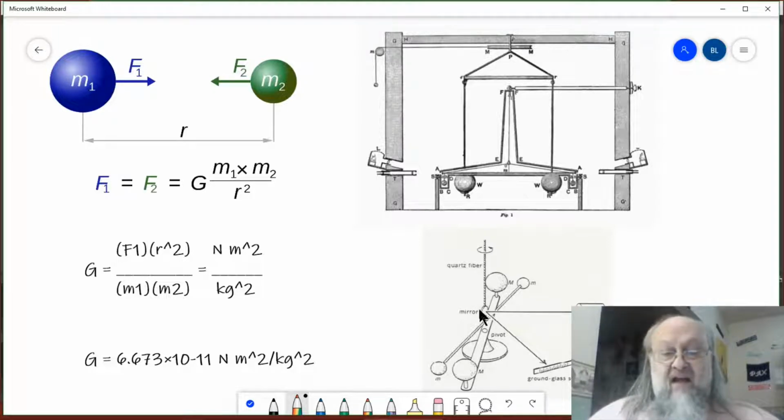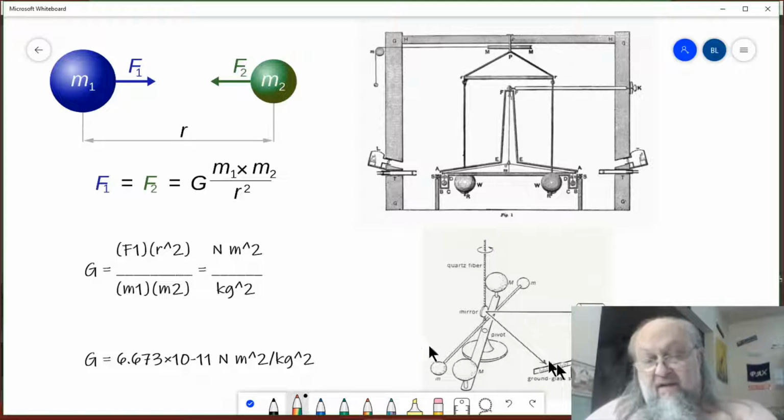Now, they've got a mirror here. The ones I saw, but I couldn't find a picture of them, were just like a long arm coming out here to a ruler, because a teeny tiny little move in here would make a bigger move out here.